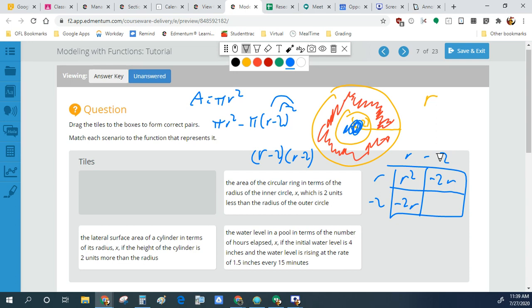And negative 2 times negative 2 is positive 4. Does that kind of make sense, guys? Normally when you do the box method, we have the first and the last one, and then you have something over here. This is kind of doing the box method backwards.